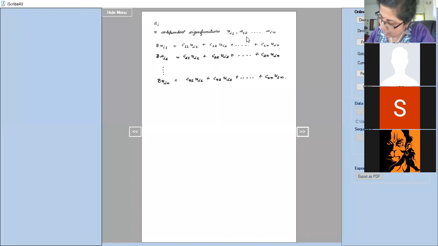I can write it like this: B operating on just UI1, UI2, like that till UIN, is equal to the matrix with rows C11, C12, C1n; C21, C22, C2n; CN1, CN2, CNN.